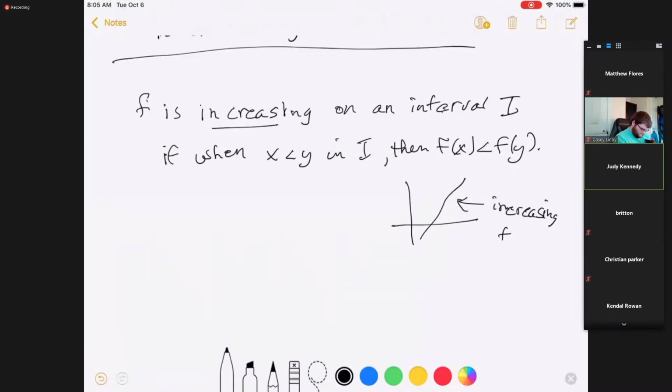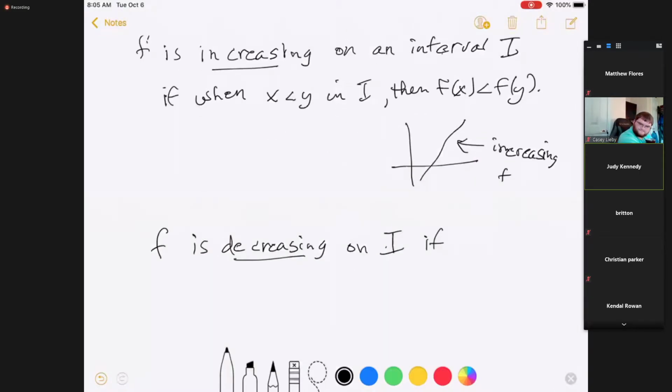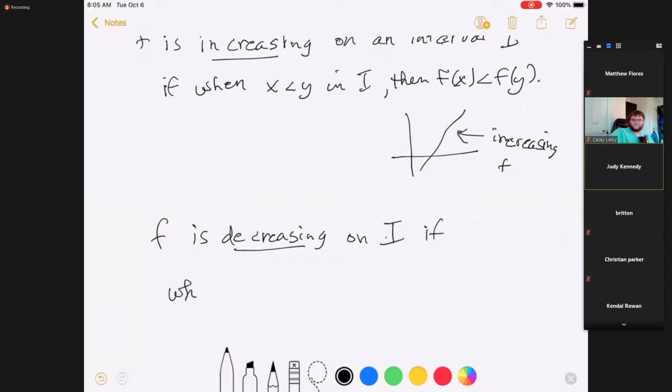It's decreasing if f goes down on the interval. If when x is less than y in I, f of x is greater than f of y.